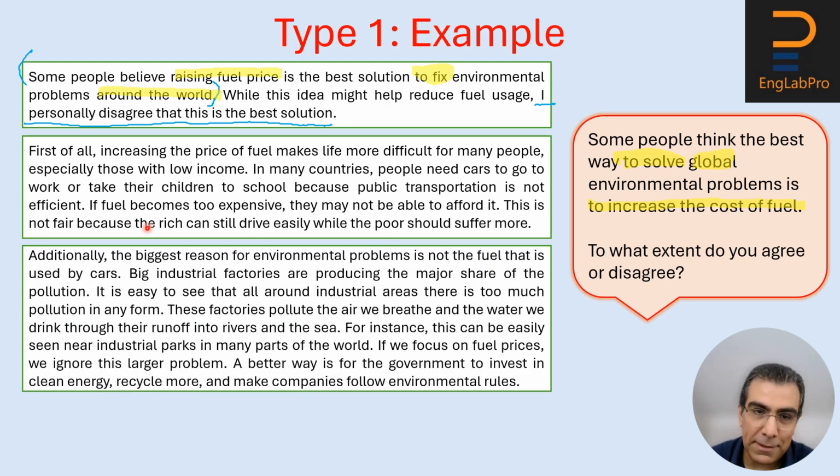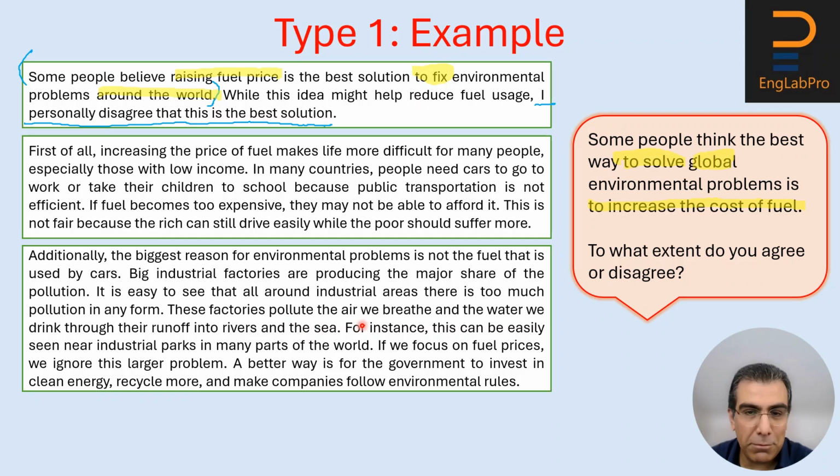The next reason, additionally, the biggest reason for environmental problems is not the fuel that is used by cars. Big industrial factories are producing the major share of the pollution. This is my second reason. And from here, I will elaborate on that again. It is easy to see that all around industrial areas, there is too much pollution in any form.